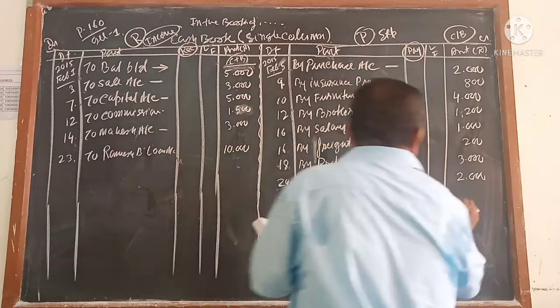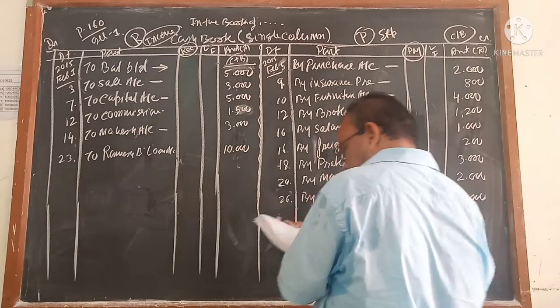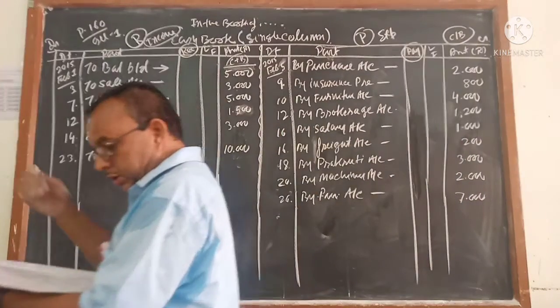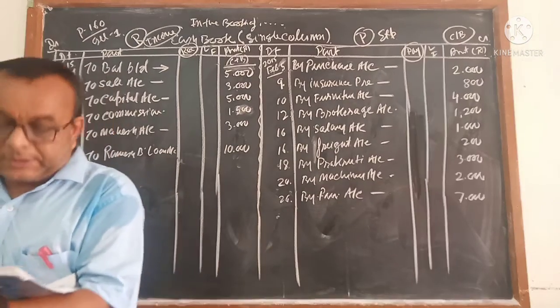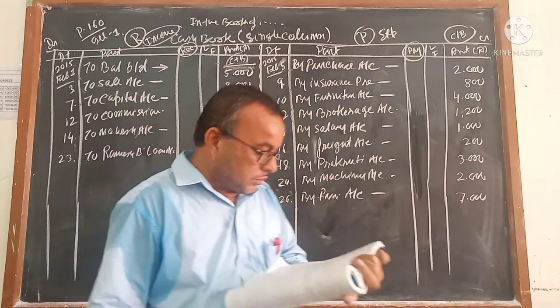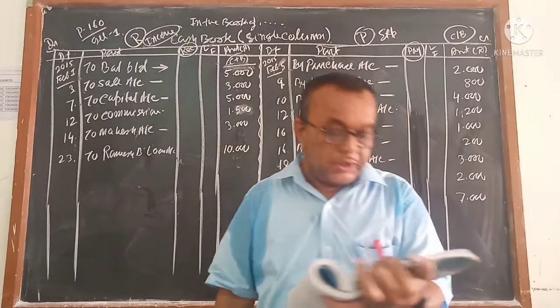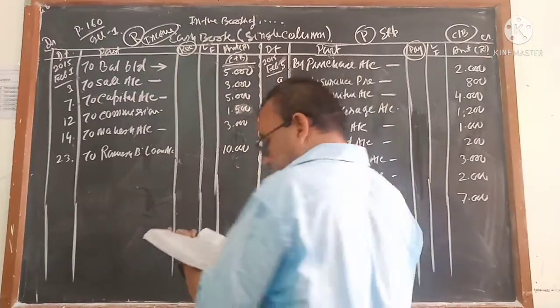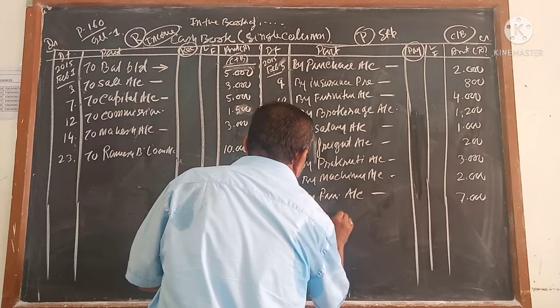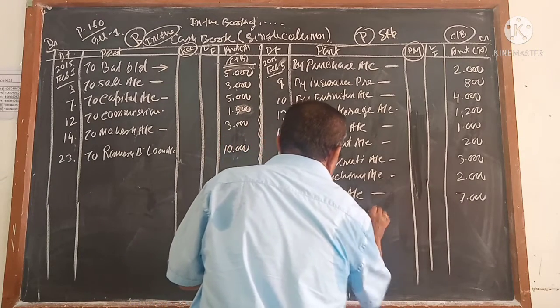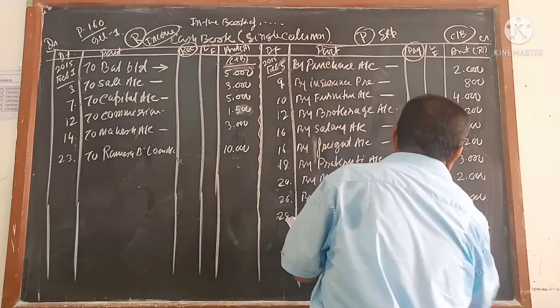How much are you buying? 7,000. And last is 3,000 deposited in the prime cooperative bank. You deposited 3,000 in the bank. Cash has gone. So it is coming 28, by cooperative bank account. How much? 3,000.